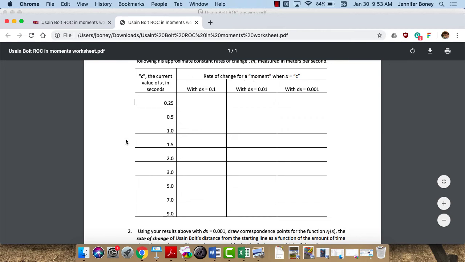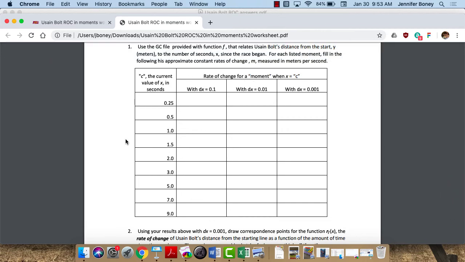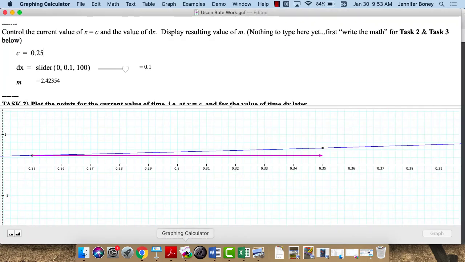So again, we're looking at distances traveled over varying amounts of time at different moments during this race. So during that 0.25 current time, at 1/4 of a second into the race, we had these extremely small, comparatively speaking, M values, rate of change values.